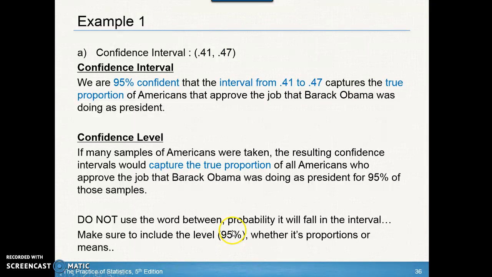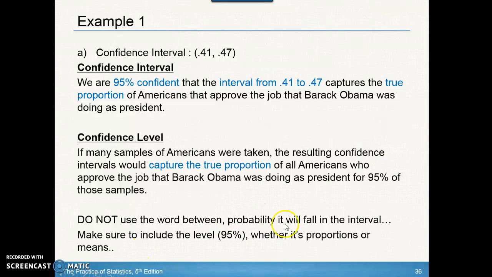So it's not that the true proportion or mean is always going to fall between two specific numbers, because every confidence interval that you get is going to be a little bit different. So how can we say that the true mean or proportion is between two numbers that are changing every single time? That's not necessarily true. The interval is either going to capture the true mean or it's not going to capture it. So it's either a 0 or 100% chance. It's either a yes or a no.